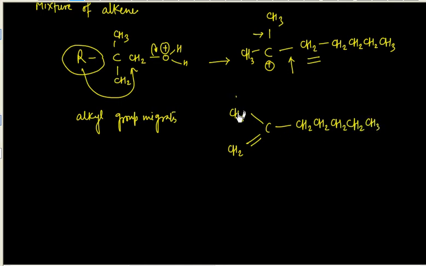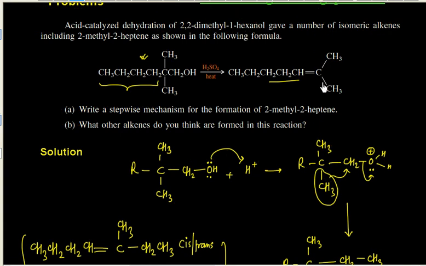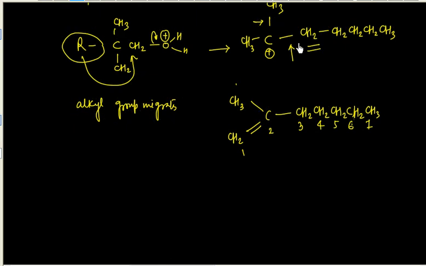You see, this is 1, and this is 2, this is 3, 4, 5, 6, 7. This is not the same molecule, this is a different molecule. Now if you lose H plus from this side, you will have C CH3 CH3 double bond, and you have CH, and then 4 carbons, 1, 2, 3, 4.